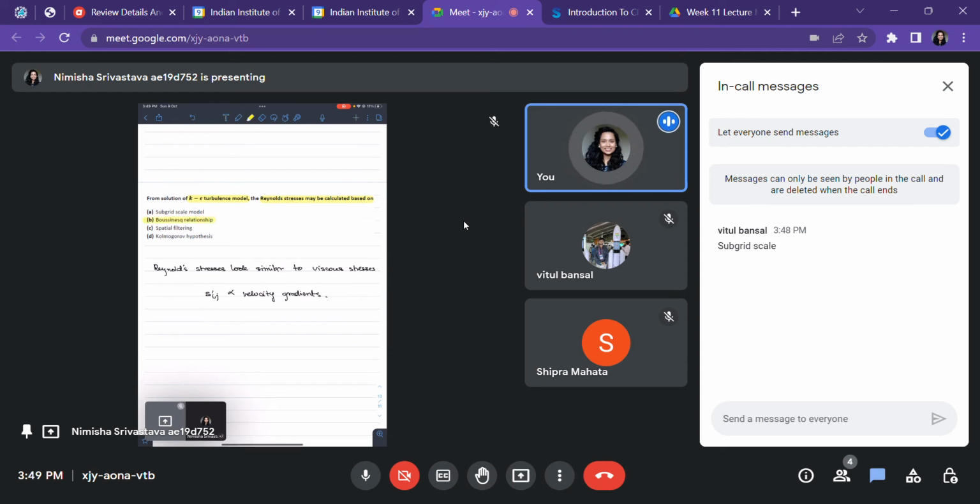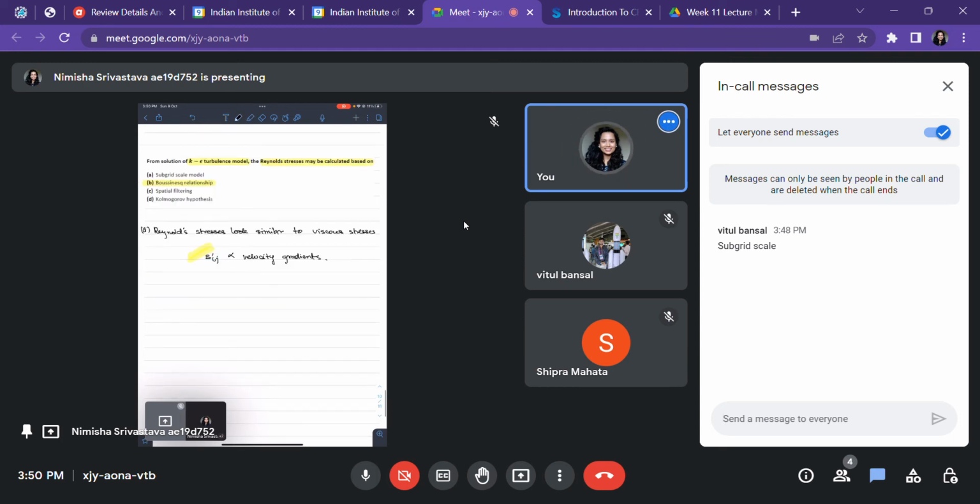So essentially, what the Boussinesq relationship says is exactly this, and then it gives us some more values to approximate the Reynolds stresses. Okay, so now what is up with all of these other options? What do they mean? Since B is our right option, that is Boussinesq approximation is taken.